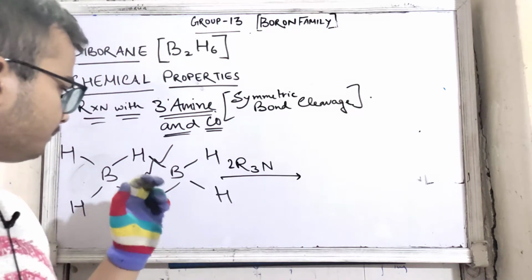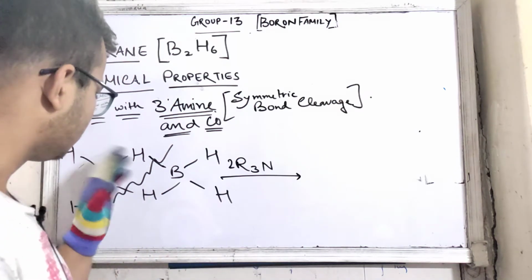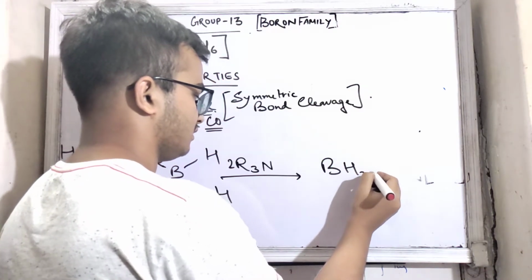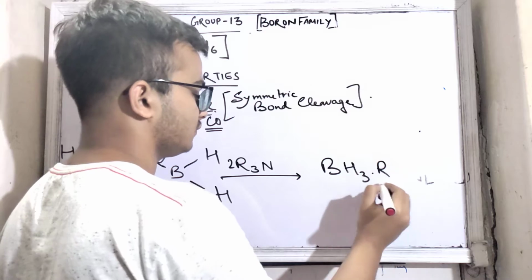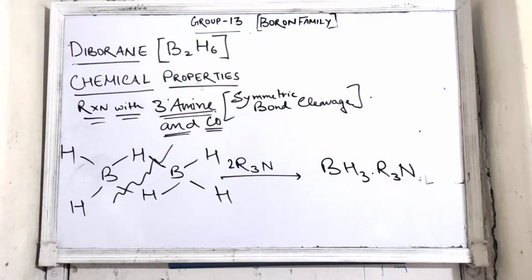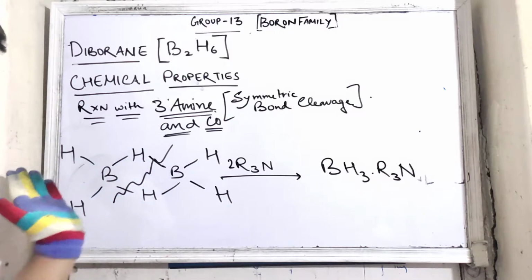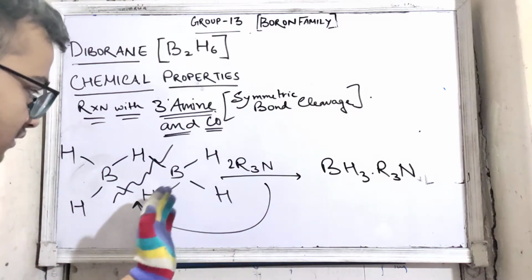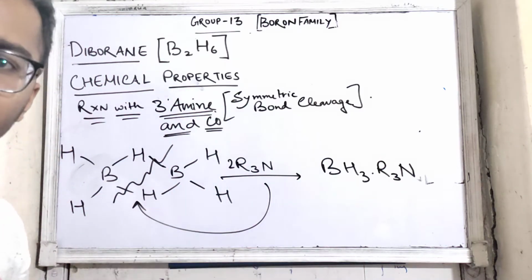So let us now write what is coming. It will be 2 times, so let's write it again first, then I will write BH3 R3N. This was this part because it is coming here. Now this other remaining part will also be the same, right?